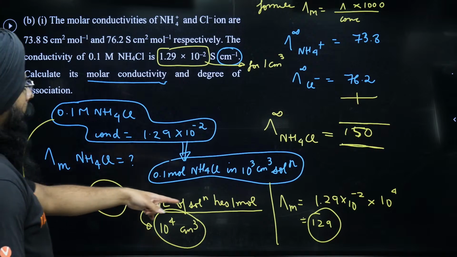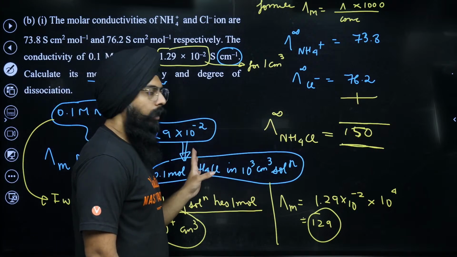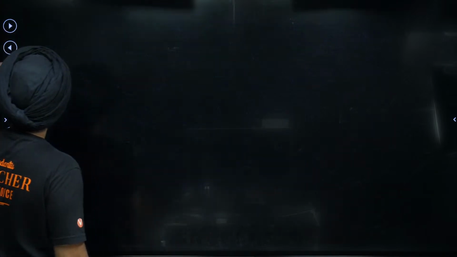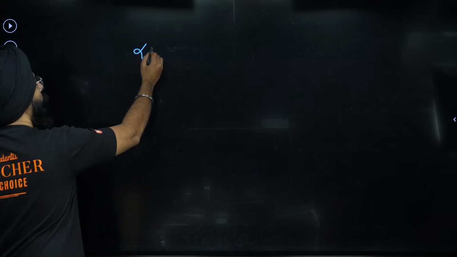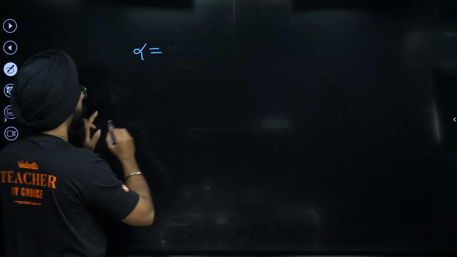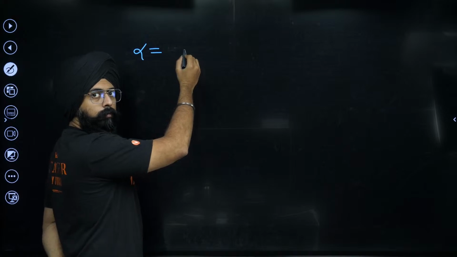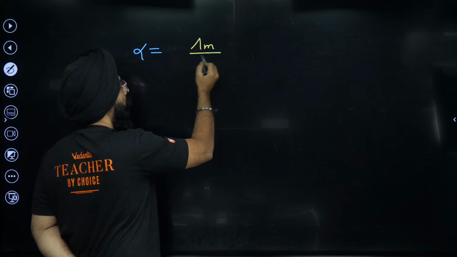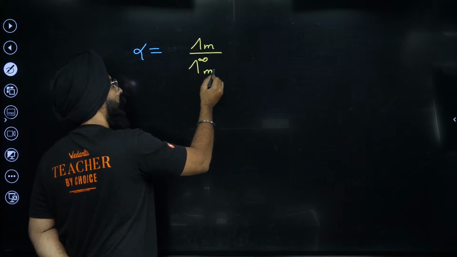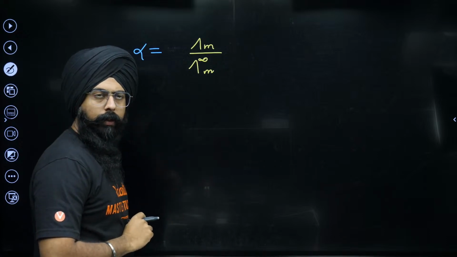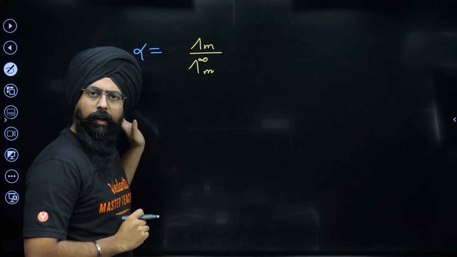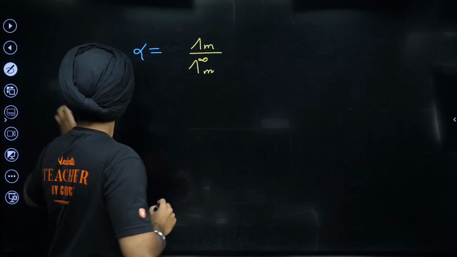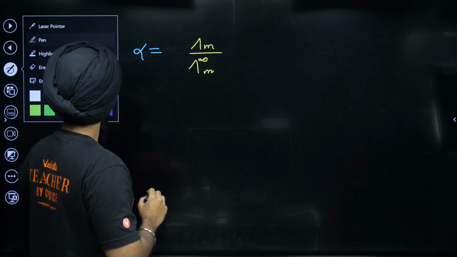So molar conductance is here, limiting molar conductance is here. My dear friends, you should remember that degree of dissociation is defined as molar conductance upon limiting molar conductance. So what is degree of dissociation basically?